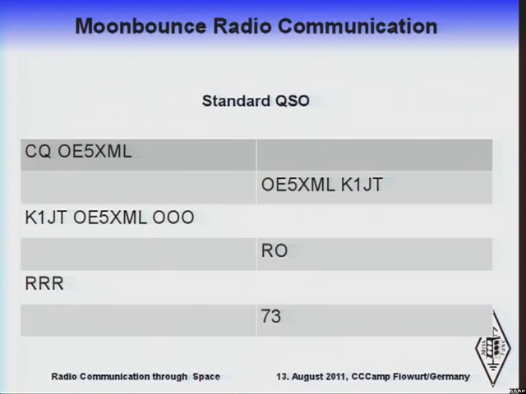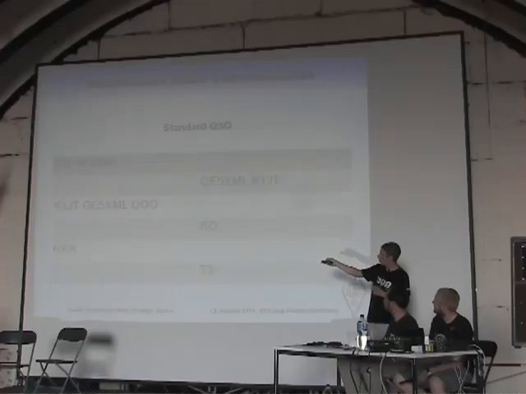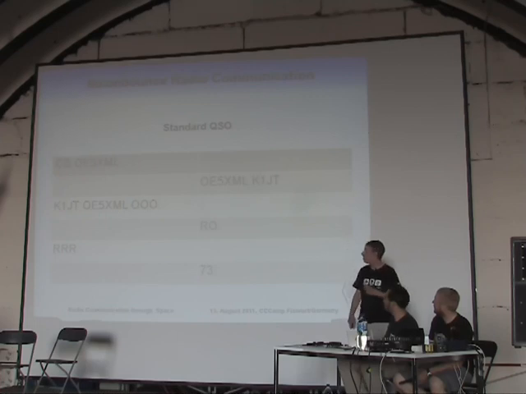Then we are of course communicating with K1JT. So he's answering that he heard us with his call sign. And so we are transmitting that we heard him with our call sign and that we decoded his message. And that's just 000, so the signal is okay.